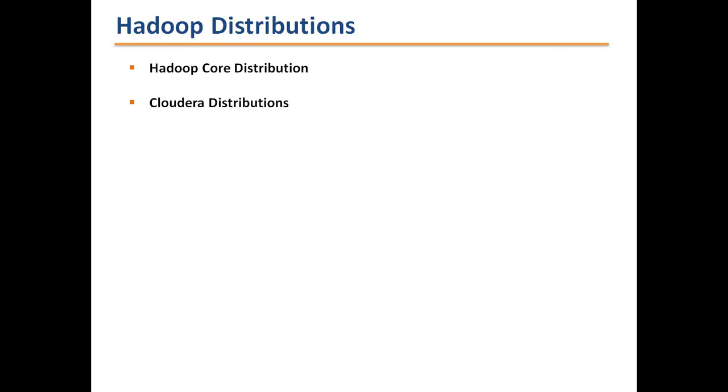Similarly, if you install the CDH, we'll get HDFS, MapReduce, Hive, Pig. Whatever tools we need for the project, we can use, and other tools we can simply delete. Whatever tools we need for the project, we can simply install.